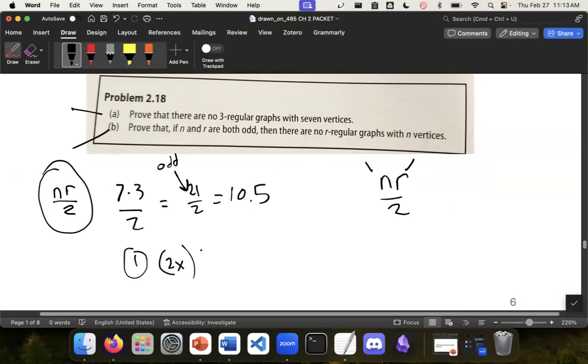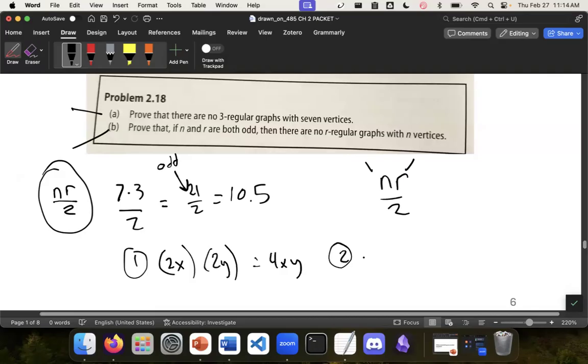If we have an even number times an even number, that's going to be even, right? Because we'll get 4xy, which is divisible by 2. So if they're both even, great.